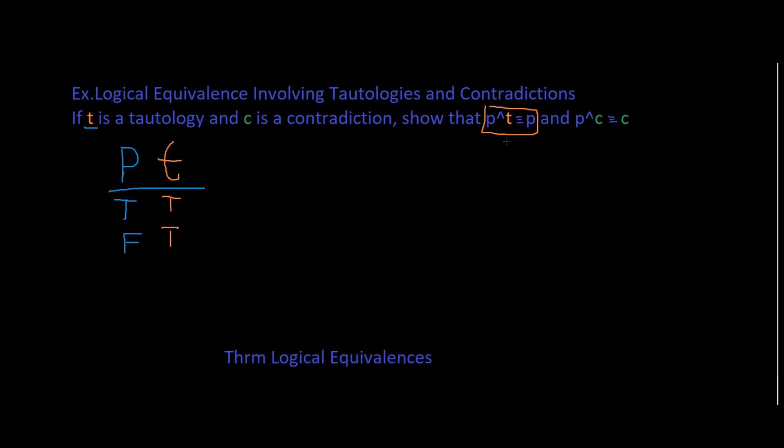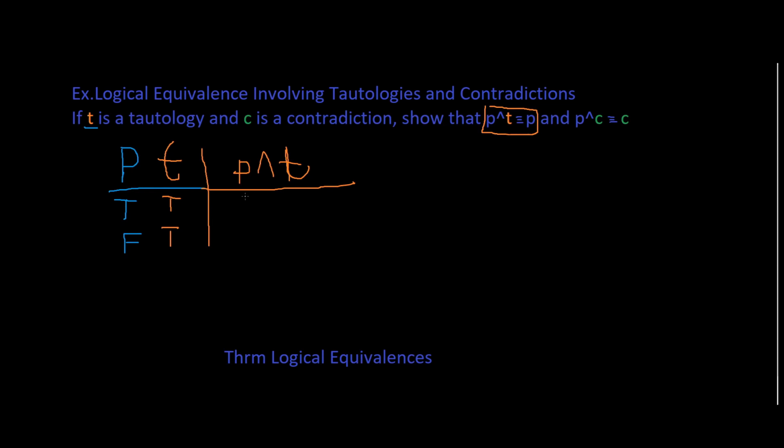So what's happening here? Well, if we put this over here on this truth table, it's going to say P and T. And so what do we have to do? We have to check if this is true.